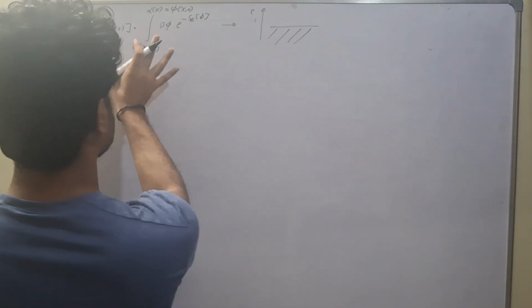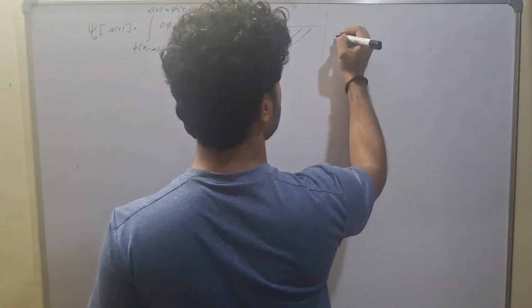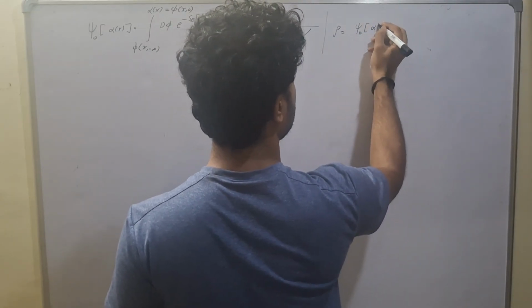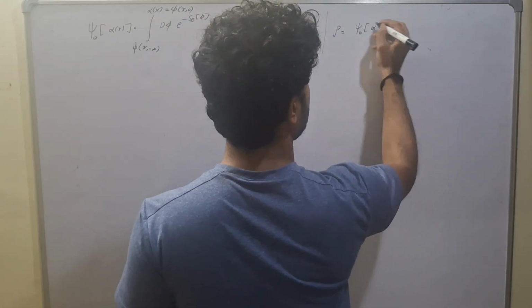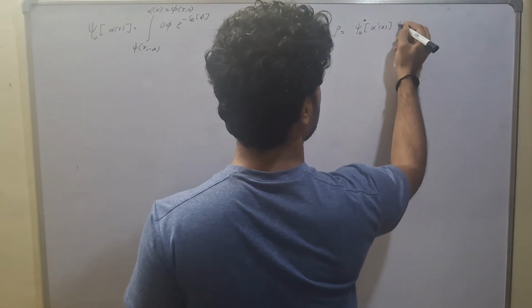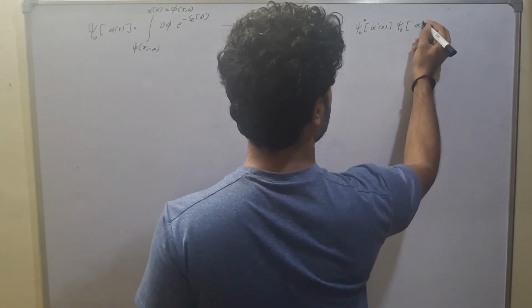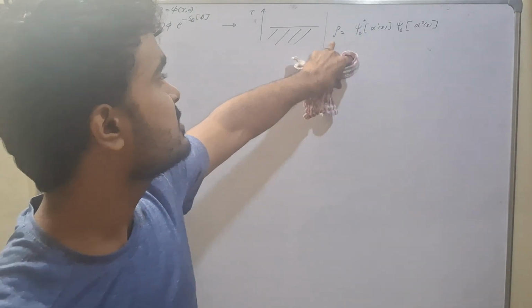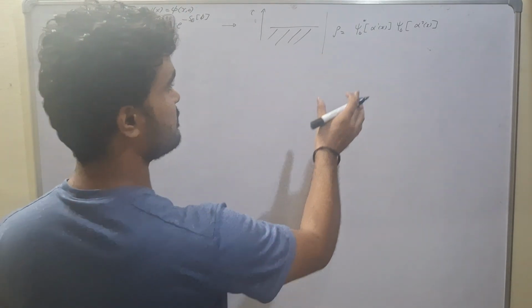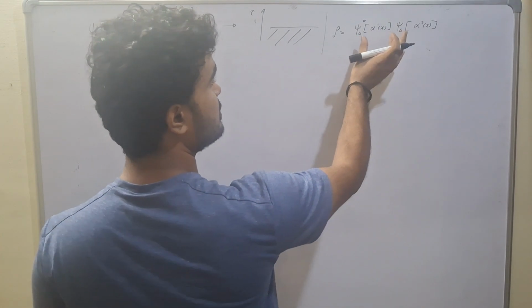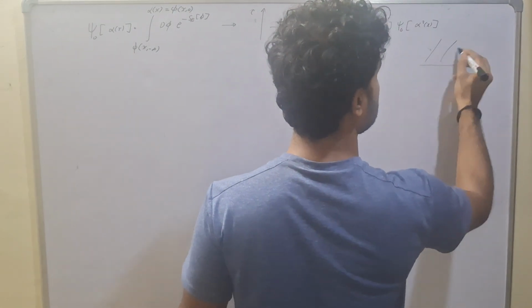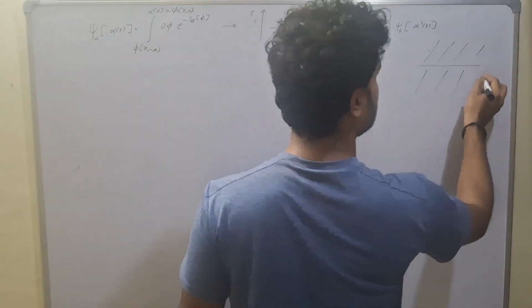Now we can construct from here the full density matrix as psi 0 of alpha 1 x times the conjugate psi 0 of alpha 2 x. For this full density matrix, we have taken two copies of these planes, which means this and this.